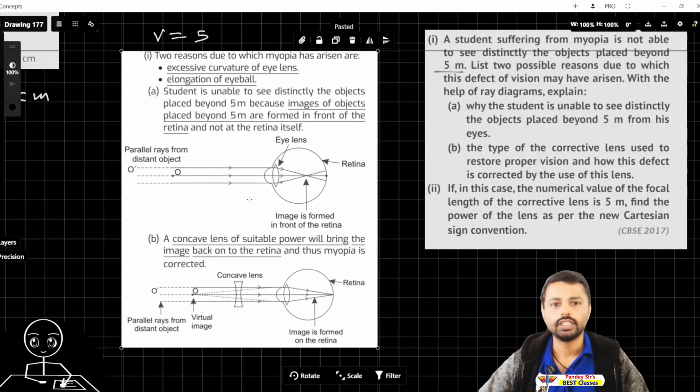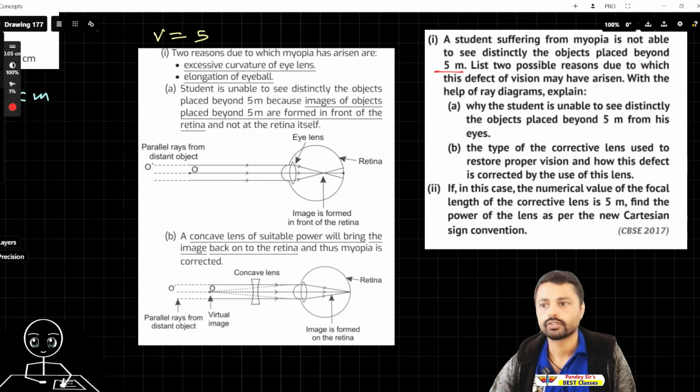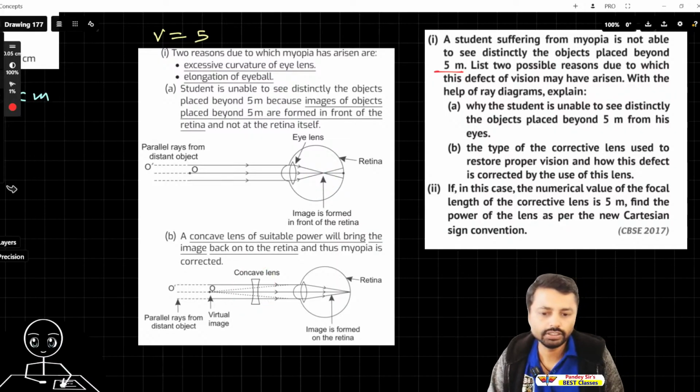So here is the complete answer, but we have to do the calculation part. This is easy, you can draw it by yourself. For an object placed beyond 5 meters in front, the image will form over here. And with a concave lens, the image will form properly on the retina.